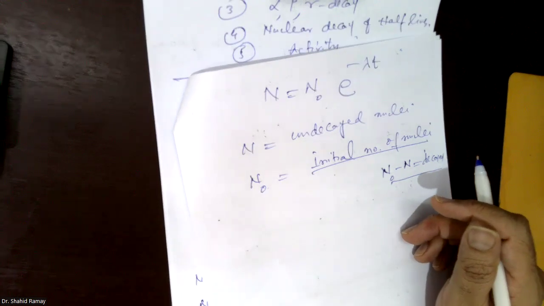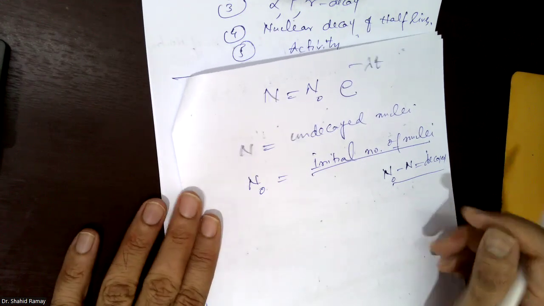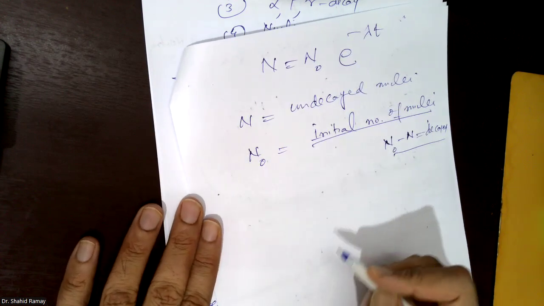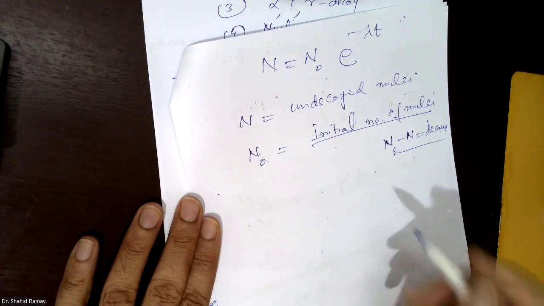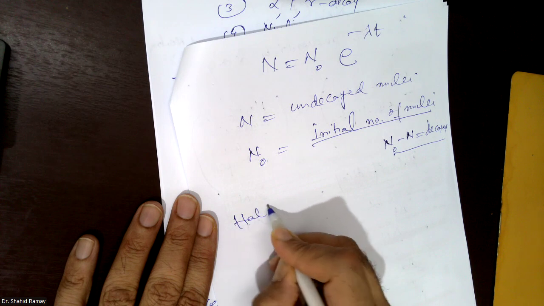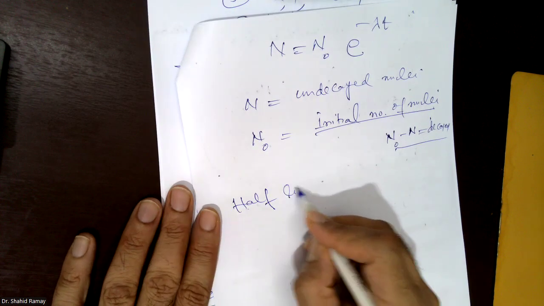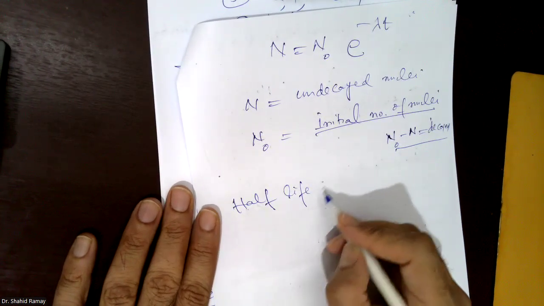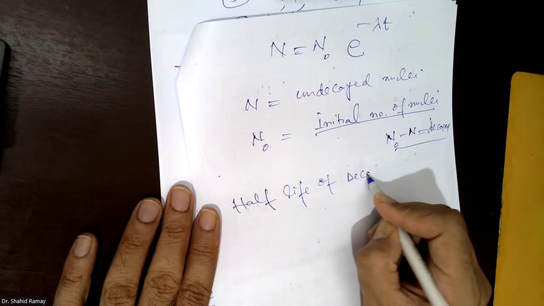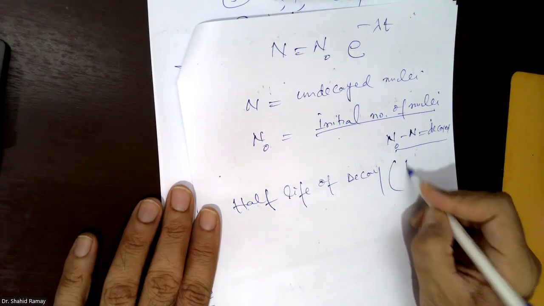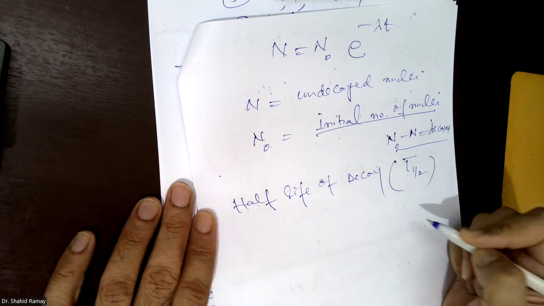Let's see further the half-life of decay. What is the half-life? Half-life is very important, and just remember the definition and the formula. Half-life is denoted by T half.